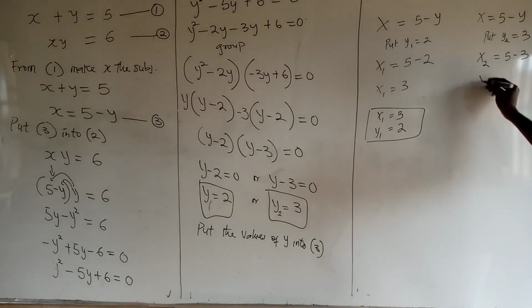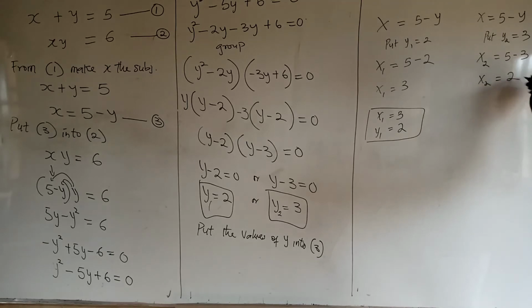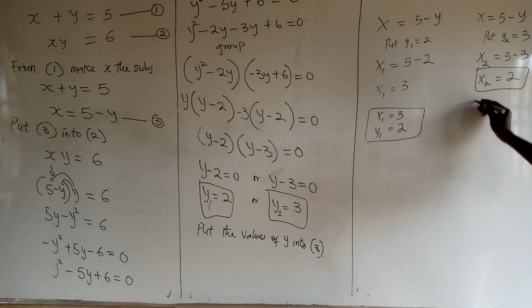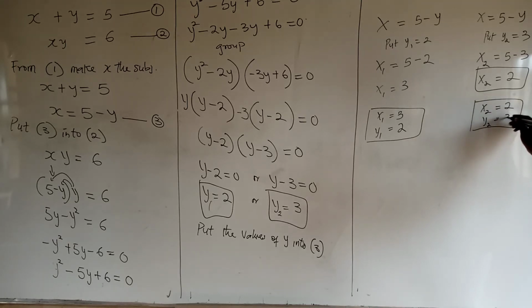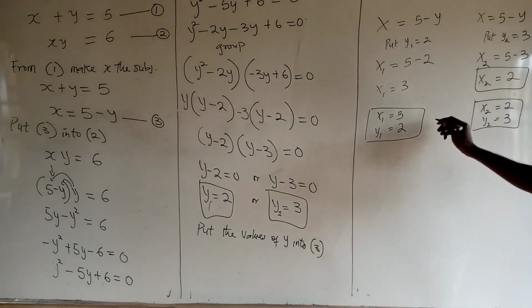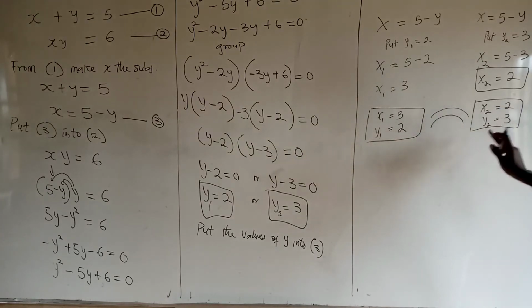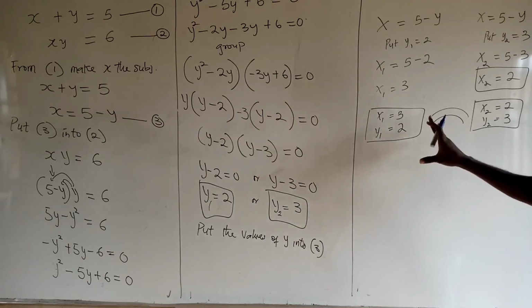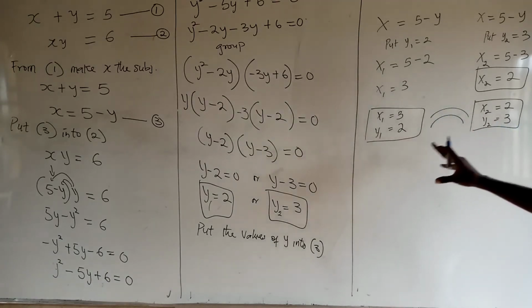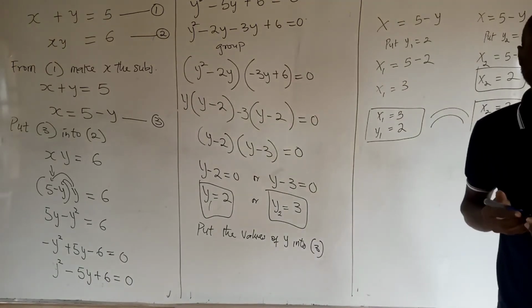So I have x2 is equal to 2. So it means that if x2 is equal to 2, y2 is equal to 3. These are the values of x and y such that the equations can be consistent.